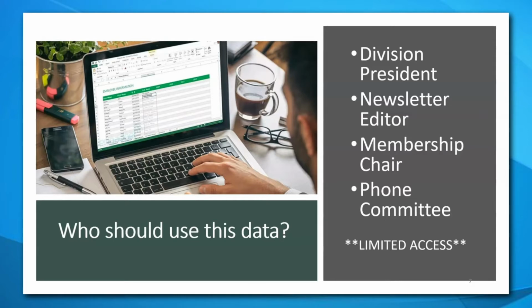Membership chairs may need some of the data to help them monitor dues payments or lapsed memberships, or for other projects focusing on increasing and maintaining membership. And of course, phone tree personnel would need access to member phone numbers for phone calling purposes. But access to the complete file should be limited within the division.